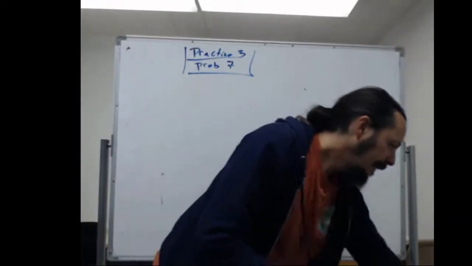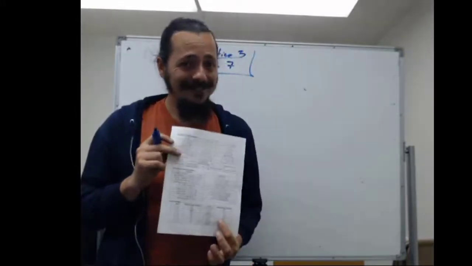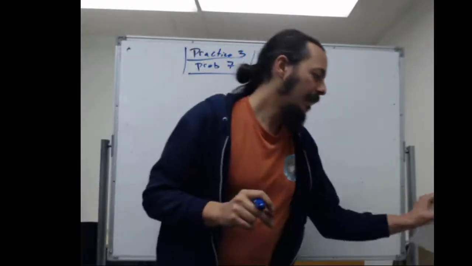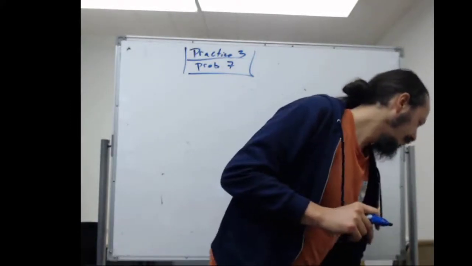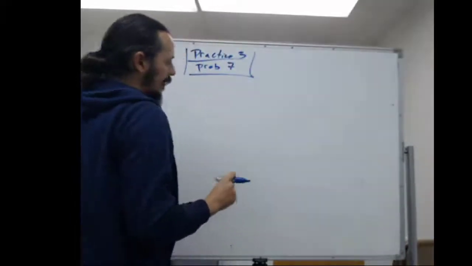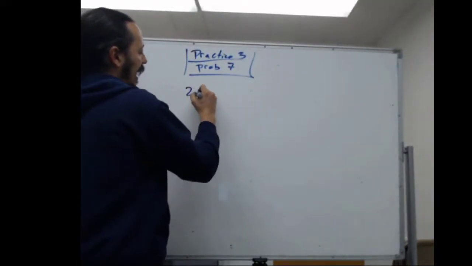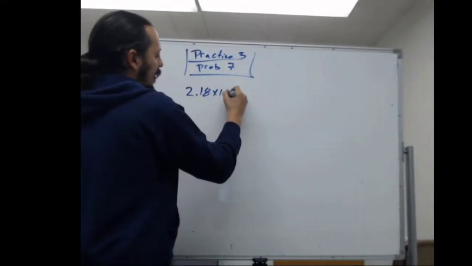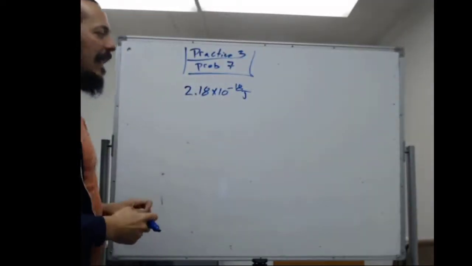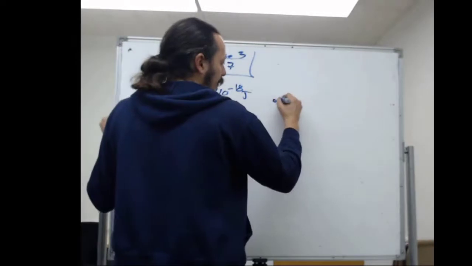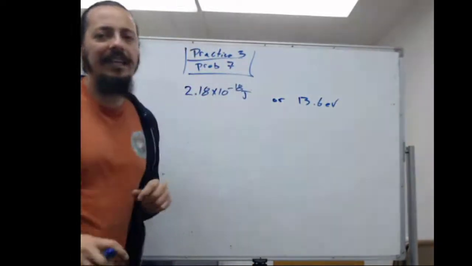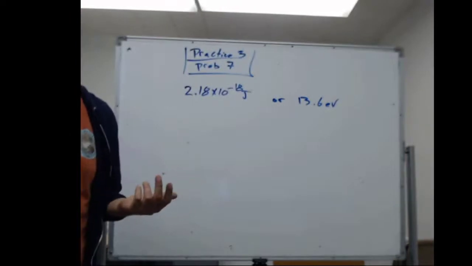And again, equations sheet has your conversion factor for electron volts to joules, or vice versa. Here's the reason I like electron volts. I often have a hard time remembering 2.18 times 10 to the minus 18 joules. I find it much easier to remember 13.6 electron volts.